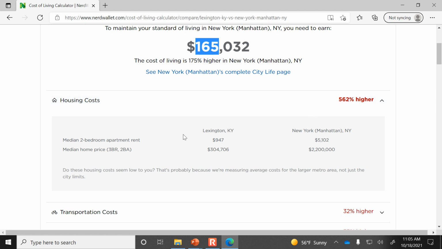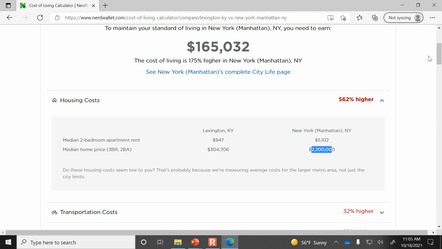To get a 2-bedroom in Lexington, $947, and if you searched around, you could probably do better than that, right? 2-bedroom apartment in Manhattan, $5,000 a month. My goodness. I couldn't keep my head afloat there. To buy a home in Lexington, $304,000. Buy a 3-bedroom, 2-bathroom home in Manhattan, $2.2 million.